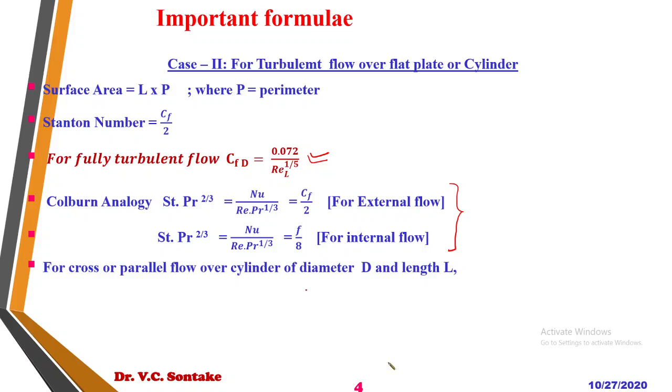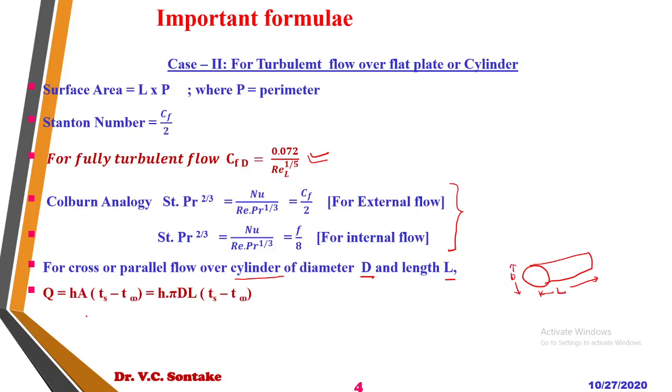Now, if the external flow is taking place over a cylinder of diameter d and length L, for example, let's say its length is L and diameter is d. So under such condition, heat transfer rate can be given by Newton's law of cooling, h A delta T, and surface area will be pi d L.